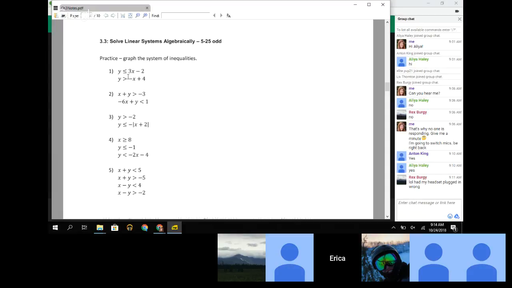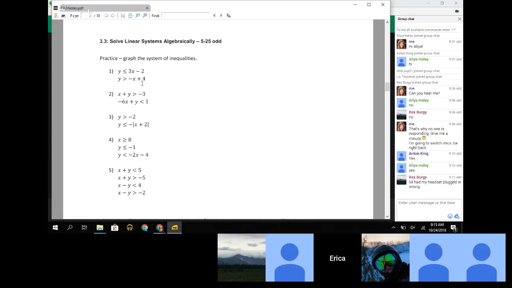In this case, y is less than or equal to 3x minus 2, and y is greater than negative x plus 4. We want to find out which x's and y's are true for these equations.